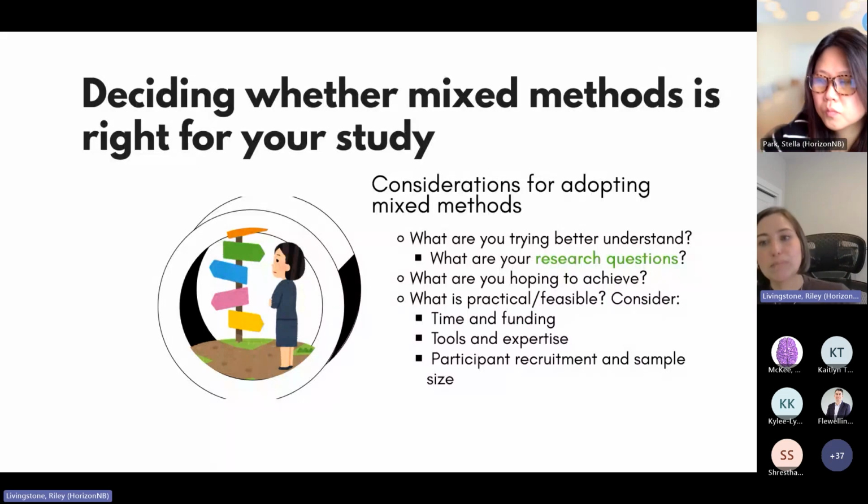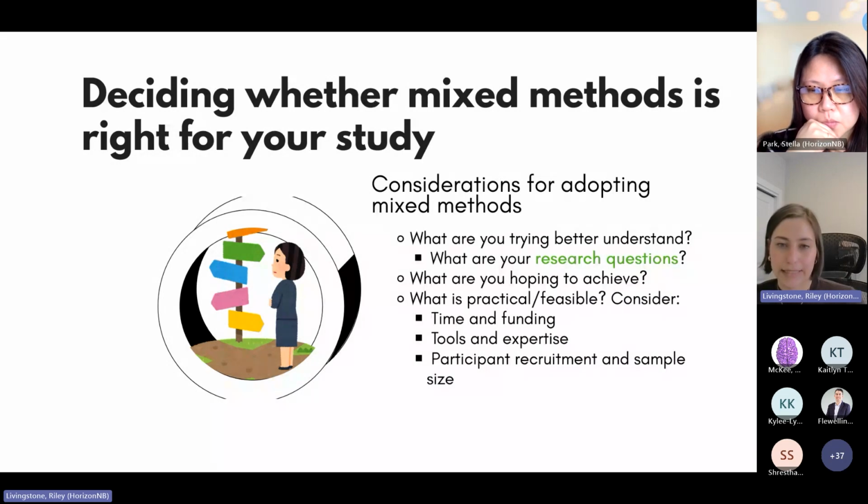But then it's also important to consider what you're hoping to achieve, right? Think about what your goal is in undertaking this particular piece of research, and who you are trying to influence, and what their expectations might be.